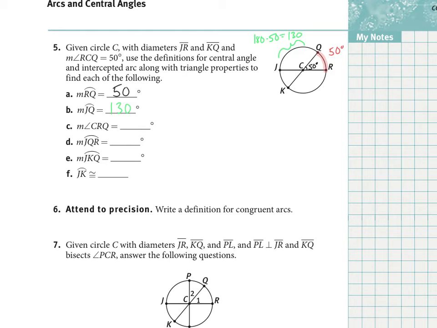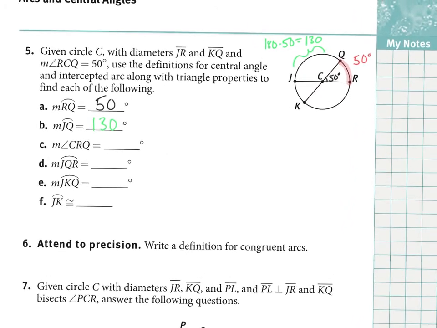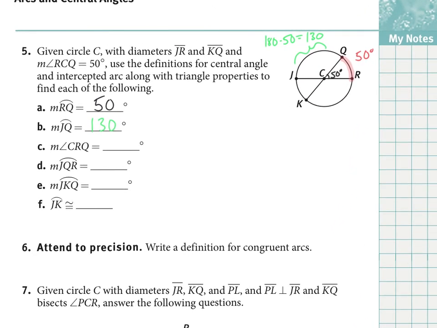If we keep going, the next one we're looking for is angle CRQ. All right, so CRQ. Wait a minute. This brings a new idea into play, right? Maybe I have to draw a little bit to add on to this. I essentially am looking for this angle measurement right there.